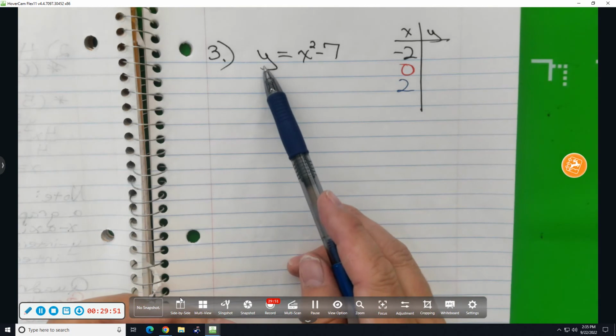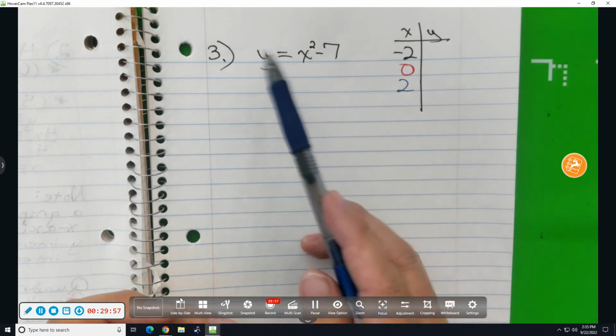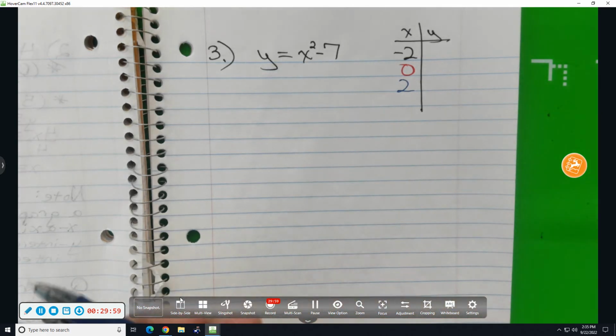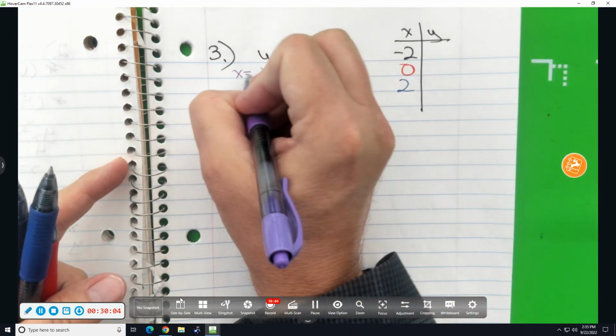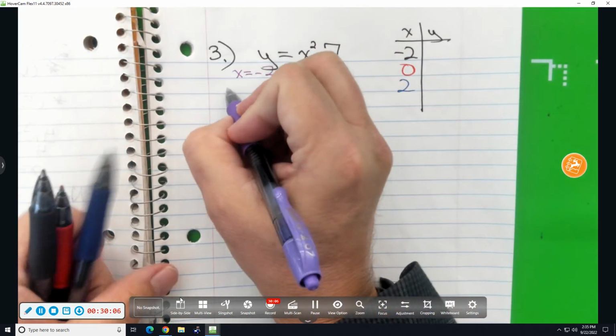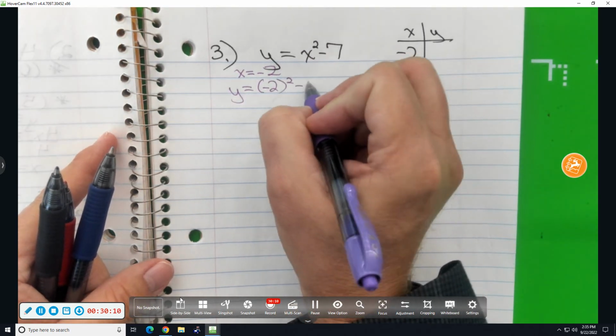The equation's already solved for y, so we'll plug in the x values, simplify that, and that'll give us the y value. Let's start off with -2. We're going to plug in -2 for x. So we have y equals -2 squared minus 7.